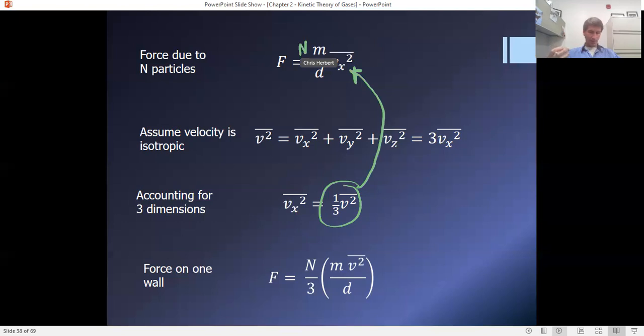I have n particles, so it's going to be n times m over d. But in any case, I make that substitution here, and the force on one wall due to n particles is going to go by this equation right there.